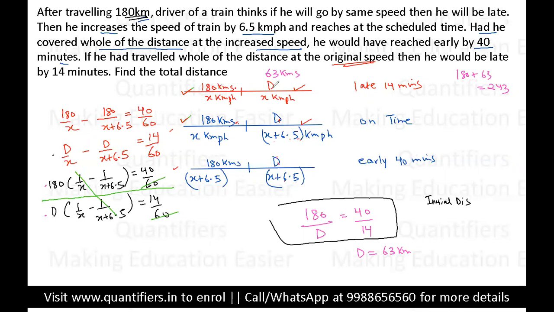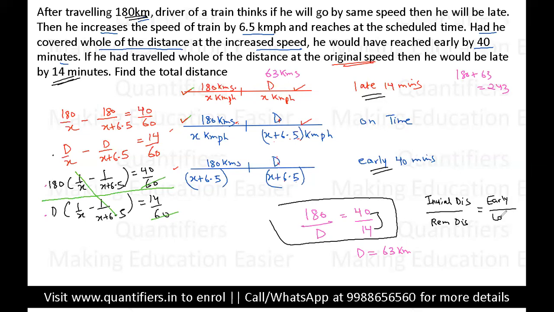D, we have taken as the remaining distance. So divided by remaining distance. And students, if you just look at these values, what is 40? 40 is the early time. And what is 14? 14 is the time by which he got late.